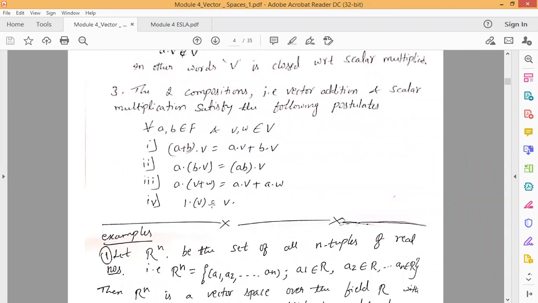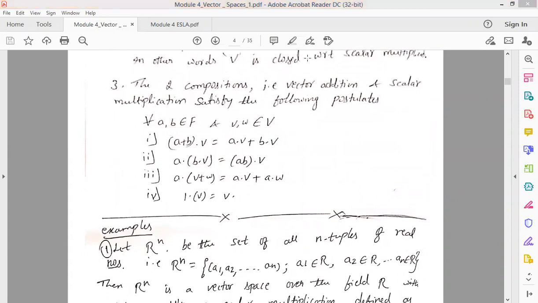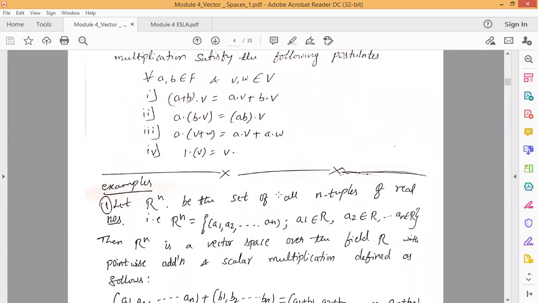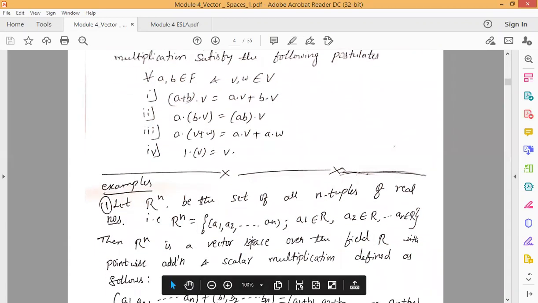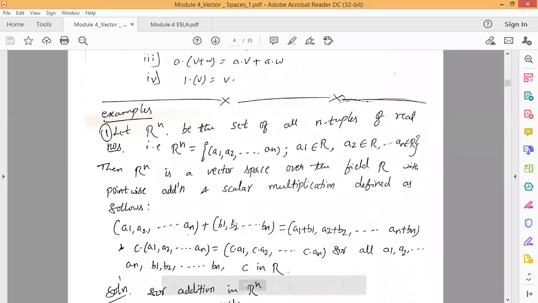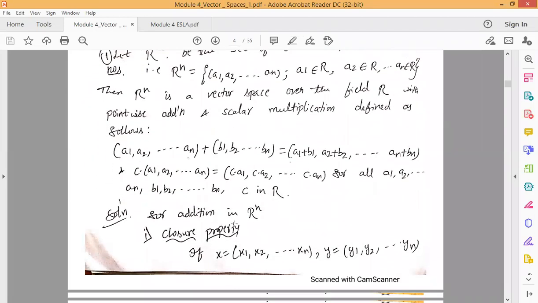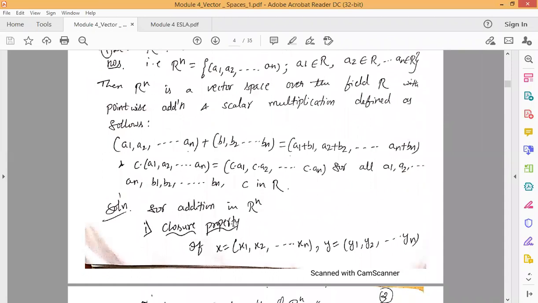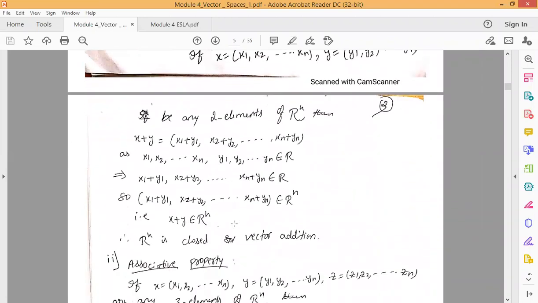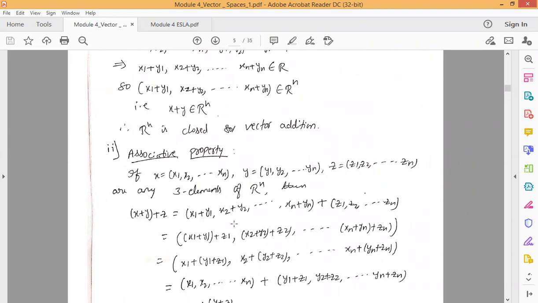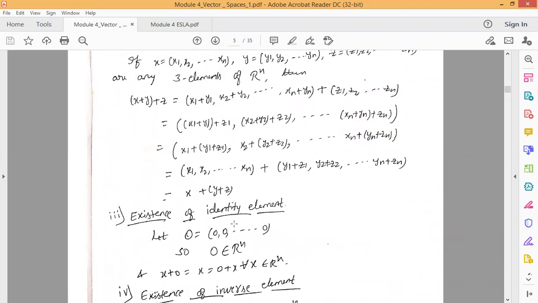On these properties, we have taken two problems in the last class, and we have checked. Whatever problems are given here consist of general numbers. Whatever a1, a2, an you are going to see here are taken as the general elements. Having this, we have verified the vector addition, that is closure property, associative property, commutative property, existence of identity element.